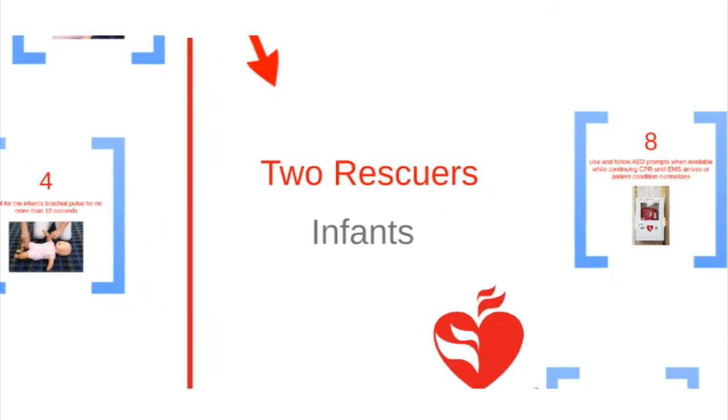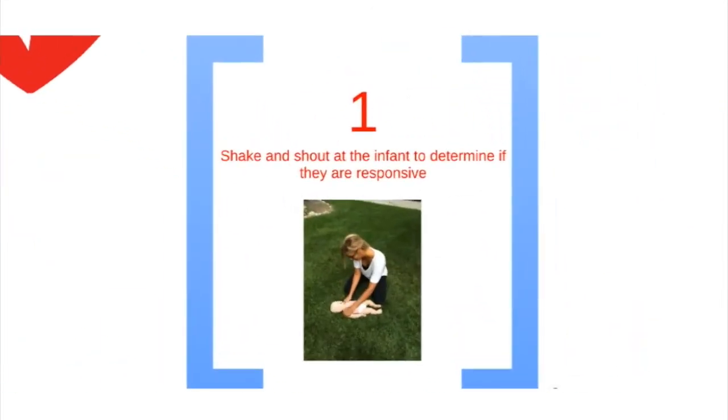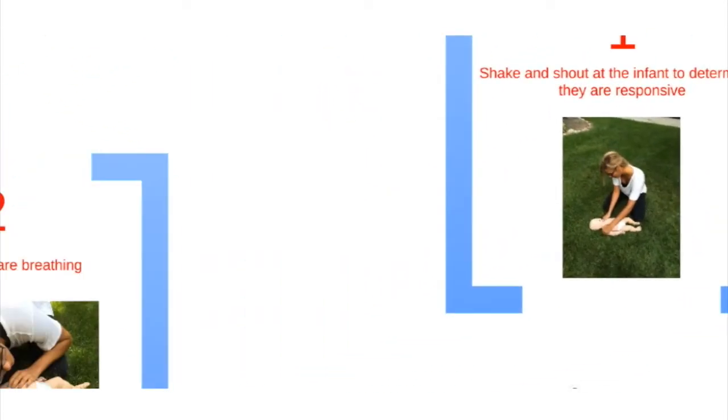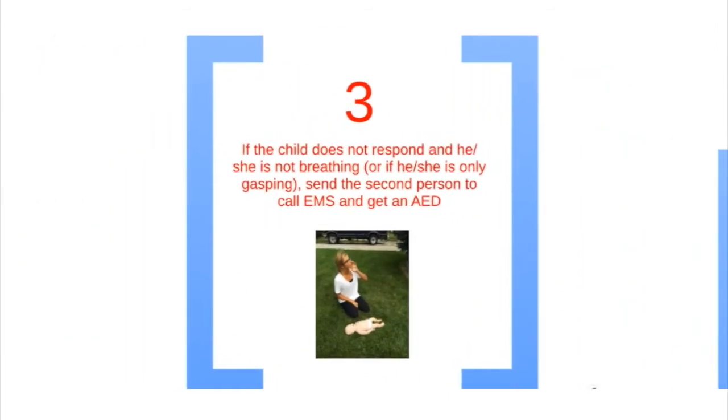2 rescuer basic life support for infants is only slightly different. First, you'll want to shake and shout for a response. Then assess their breathing. If there's no response and no breathing, send the second person to call EMS and get an AED.